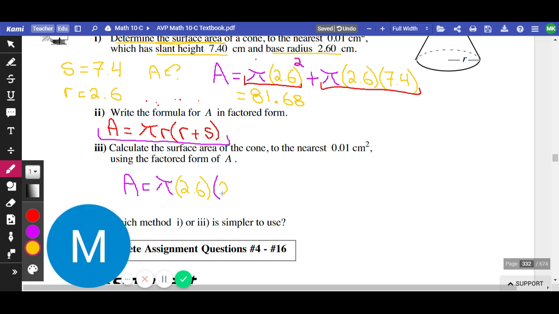R is 2.6 plus s, which is 7.4. If you put that in your calculator, you go pi times 2.6 times 2.6 plus 7.4, you're going to find that area equals 81.68. The exact same thing it equaled before.